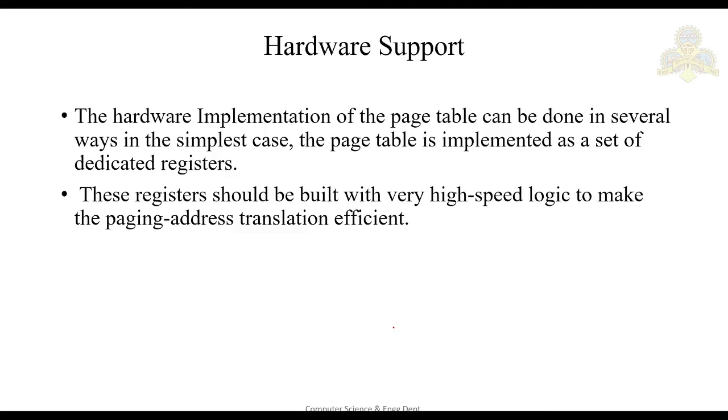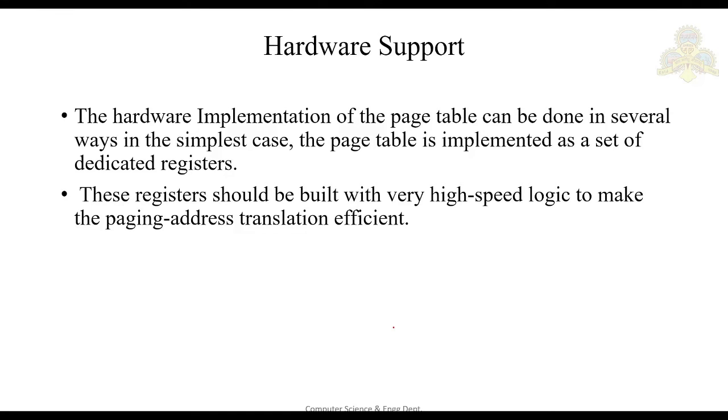These registers should be built with very high speed logic to make the paging address translation efficient. The use of registers for the page table is satisfactory only when your page table is very small, like about 256 entries. But if you have more than that, like 1 million entries in your page table, building the page table on registers is not efficient.